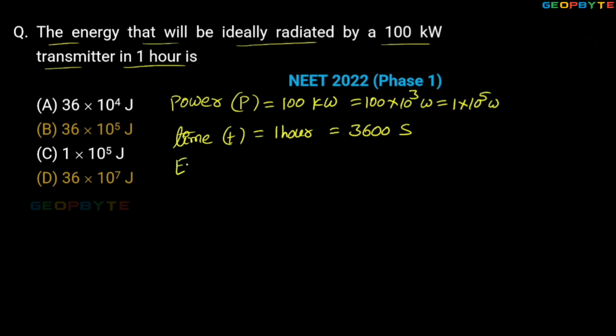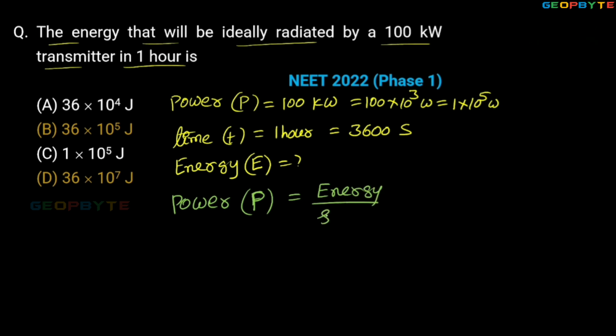Then you are asked to decide what is the energy transmitted. Energy E equals how much? As you know, power P equals energy per second. Therefore, energy equals power multiplied by time, which is in seconds.